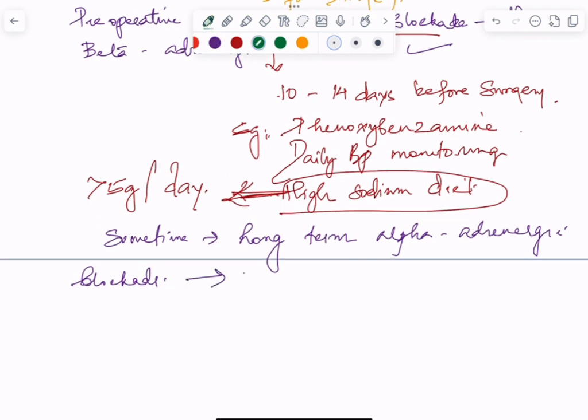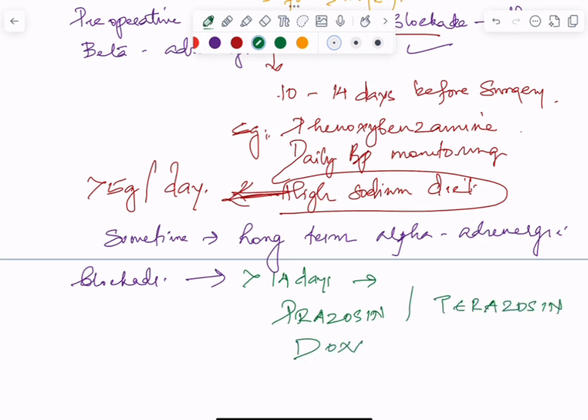These are more selective drugs. So for more than 14 days of treatment, use these drugs in place of phenoxybenzamine. And then we can give beta adrenergic blockade. I told you first alpha adrenergic blockade, then beta adrenergic blockade.